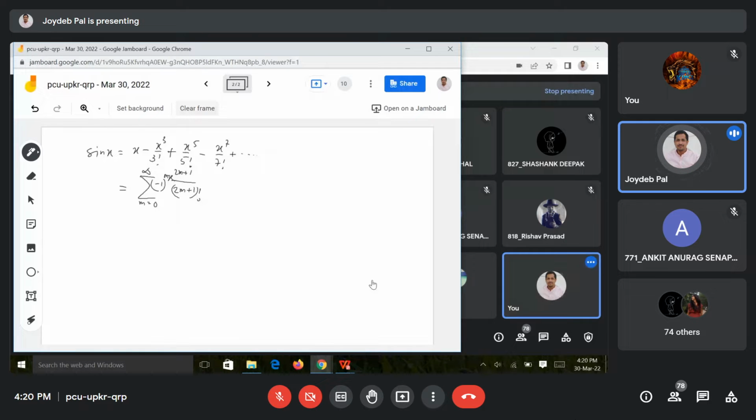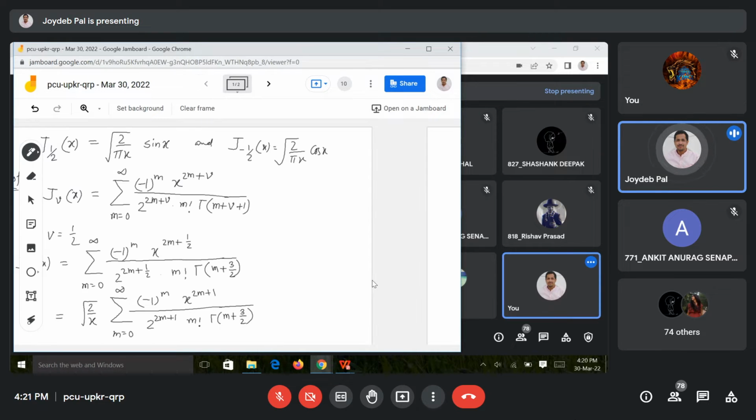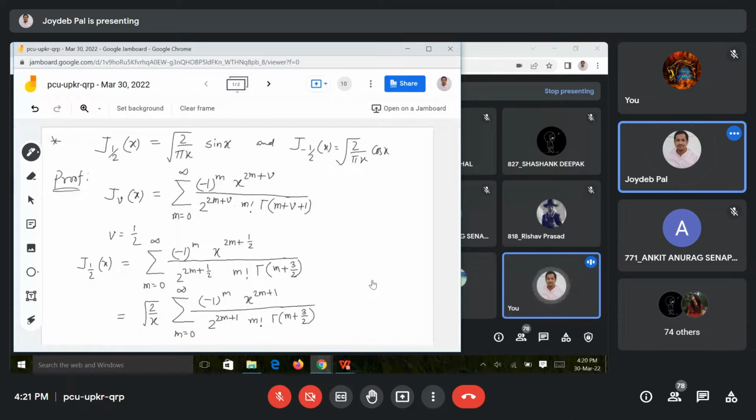I'm clearing the frame. Now I'm taking the denominator: 2 to the power 2m plus 1, into m factorial, into gamma of m plus 3 by 2.